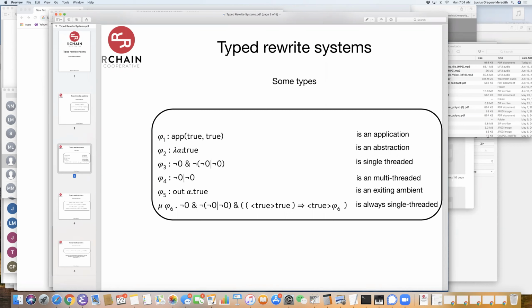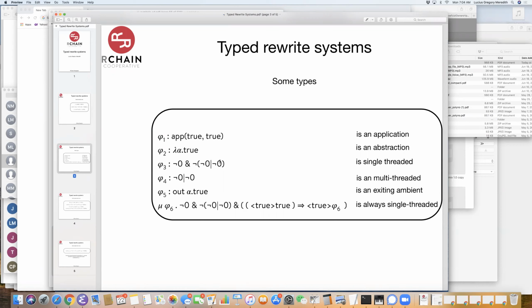And then we also have a type that checks to see an abstraction. This is a little bit subtle because I'm thinking about a calculus where you know something about the shape of the names. So alpha is a namespace, and then you're checking to see whether or not it's an abstraction.